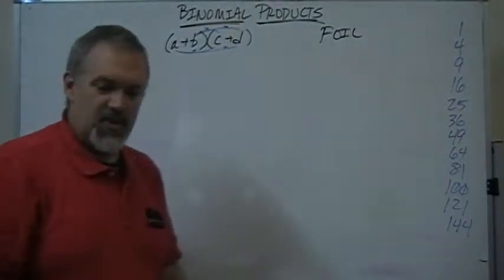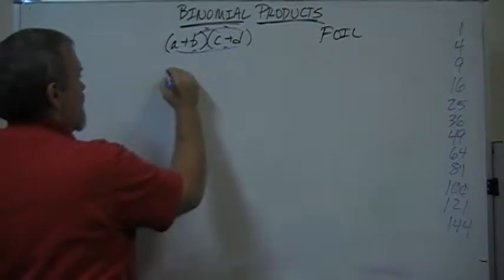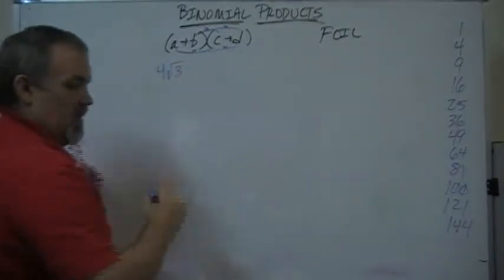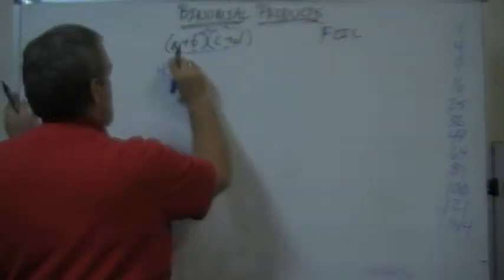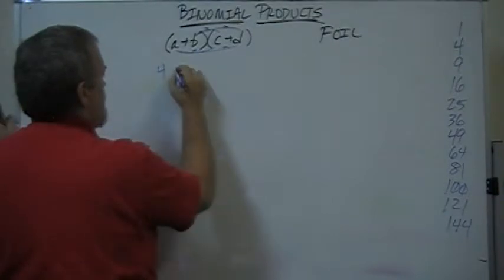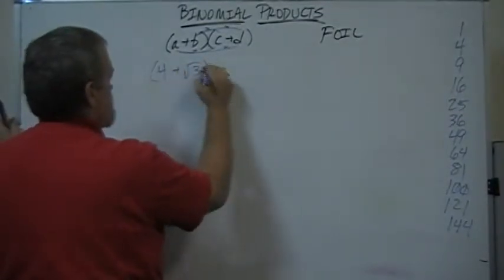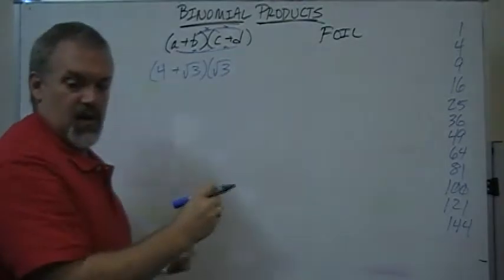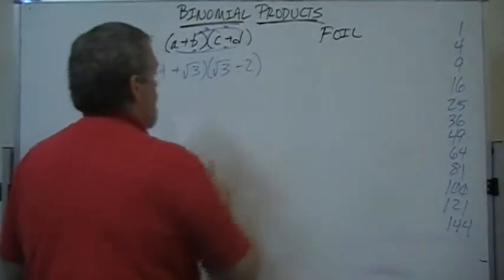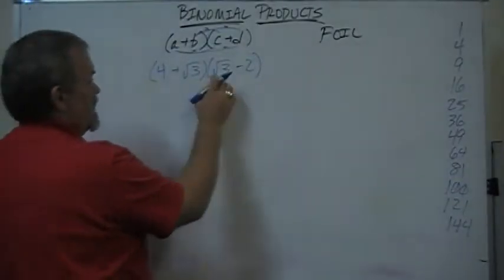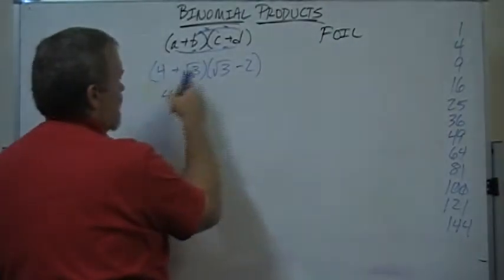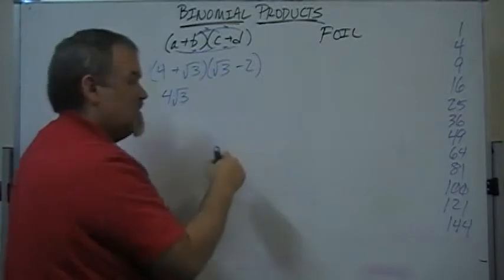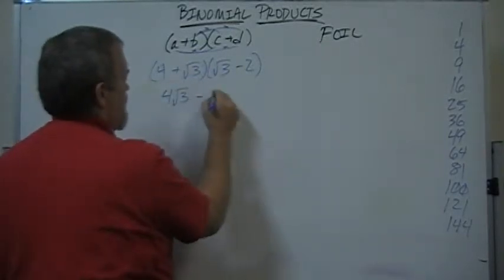So let's use an example of a surd that we wanted to do this with. Let's try 4 plus the square root of 3 times the square root of 3 minus 2. Now we're going to do the same process. The first two, 4 times root 3, is just 4 root 3. The outside two, 4 times minus 2, remember the minus stays with the number that follows it, is minus 8.